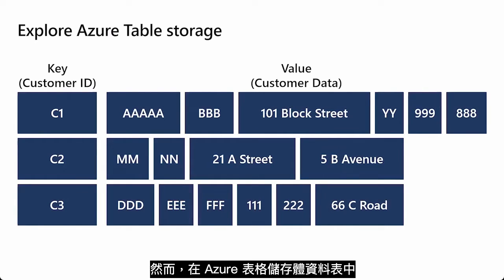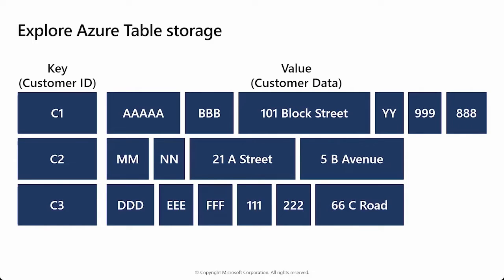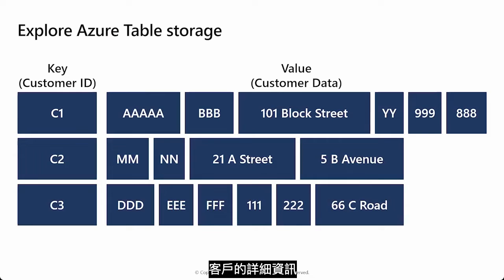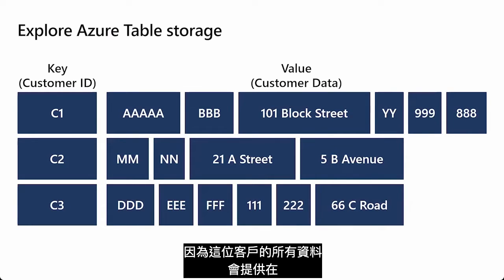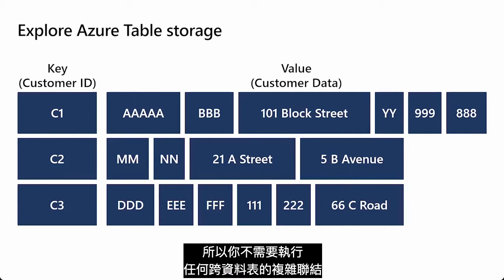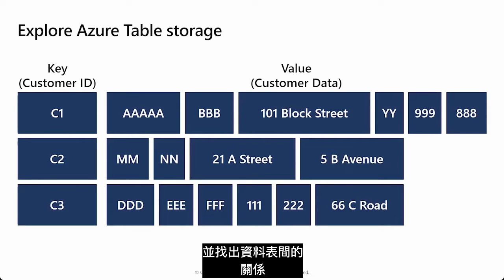However, in an Azure Table Storage table, this isn't the case. So we're able to get much faster access to the details of a customer because all the data for that customer is available in a single row. You don't have to perform any complex joins across tables or figure out relationships between tables.